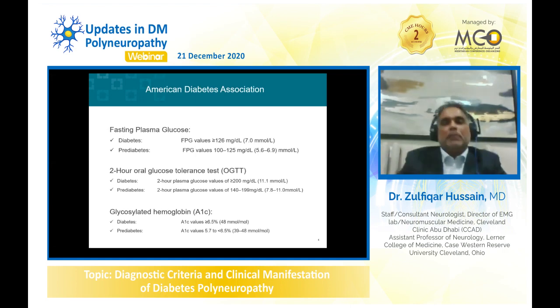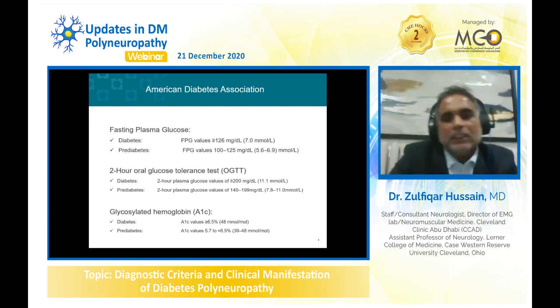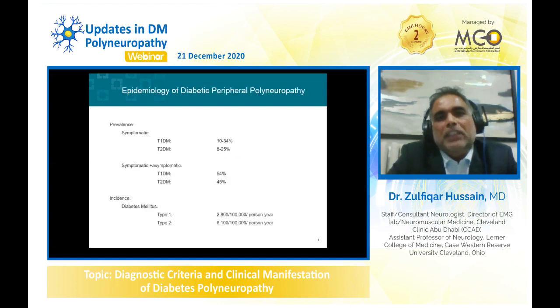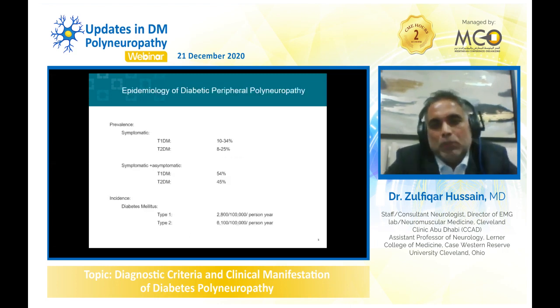In addition, there is autonomic neuropathy, depending on which organ is involved. Then there is a fifth type, CIDP associated with peripheral neuropathy. The most common is diabetic peripheral neuropathy, which is what we are going to discuss today.